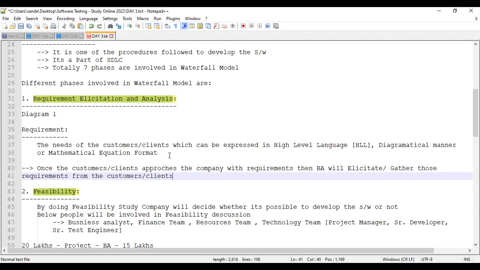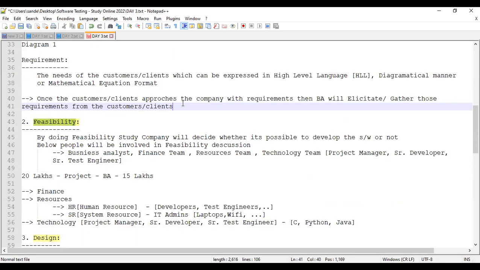Next, I'll just say the requirements will be given in technical language or business language. Please let me know. The requirements will be given in technical document or non-technical document. Very good.